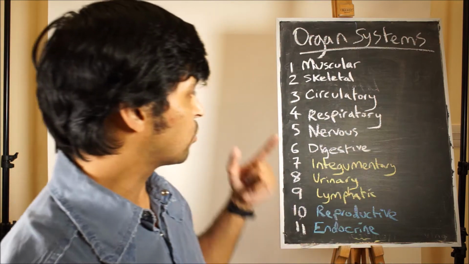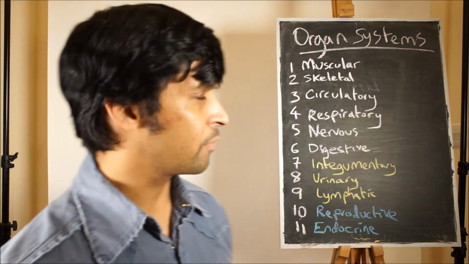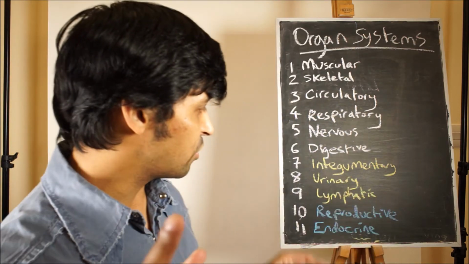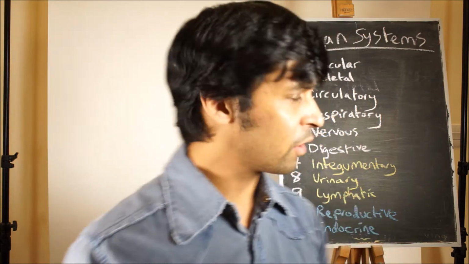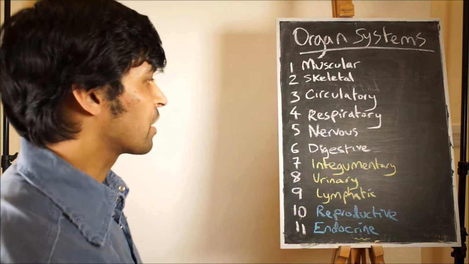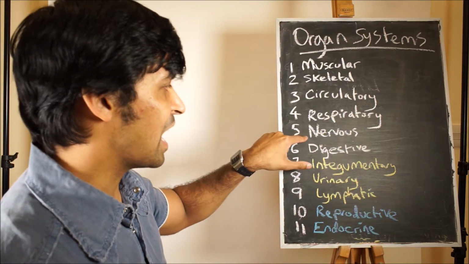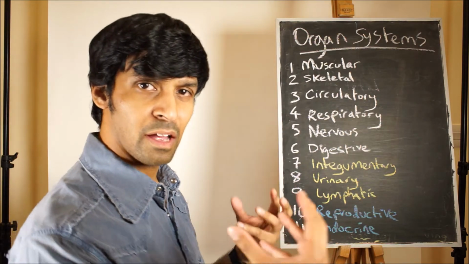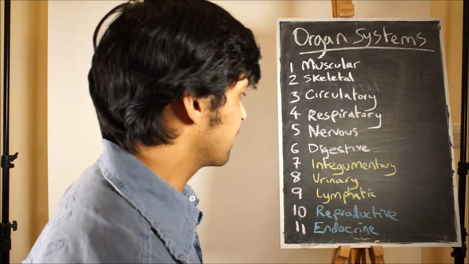Okay, so it's working in conjunction with the muscular system, and also the integumentary system, because that's the skin, which contains some of these nerve endings. Okay, so the function of this is to allow the body to sense things, to detect things.